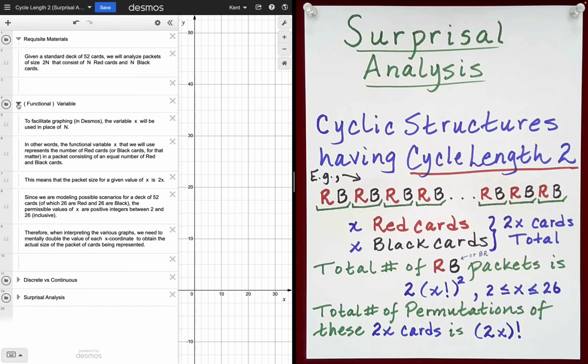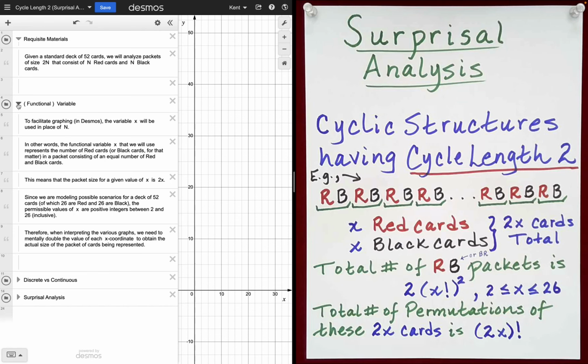In other words, the functional variable x that we will use represents the number of red cards, or black cards for that matter, in a packet consisting of an equal number of red and black cards. This means that the packet size of a given value of x is 2x.